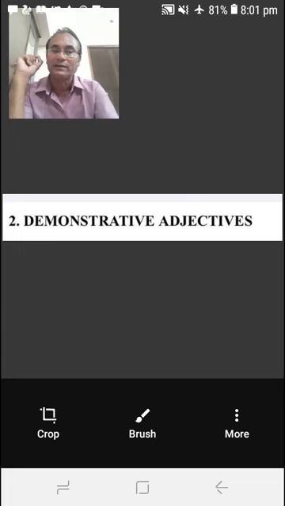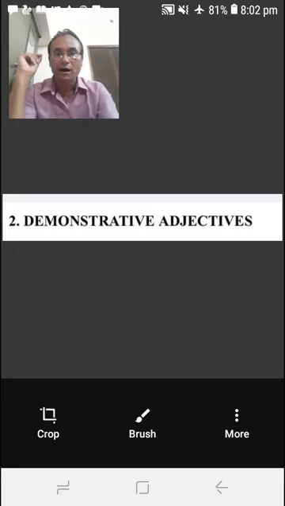These types of adjectives are used to specify or indicate nouns. They are used to point out the nouns or other objects.